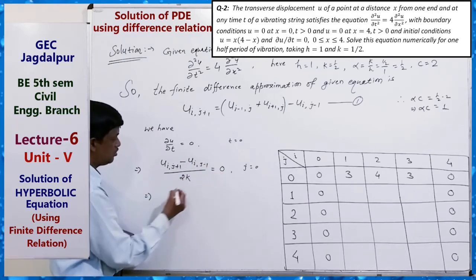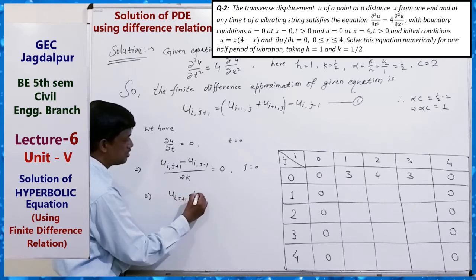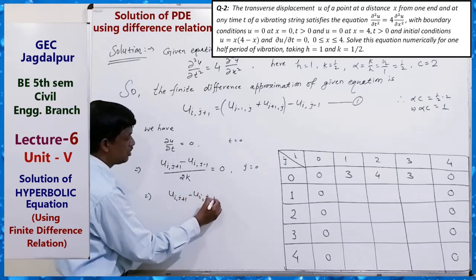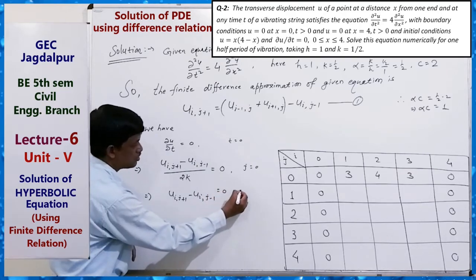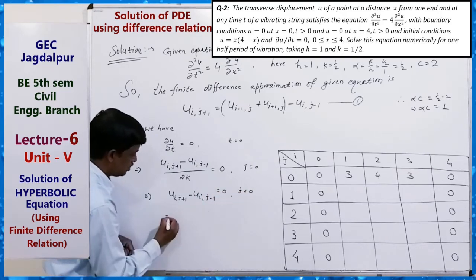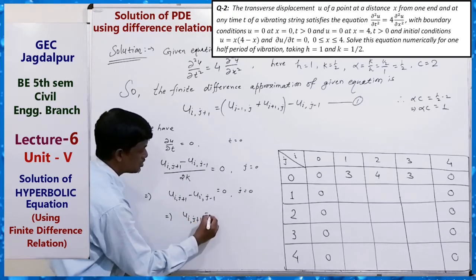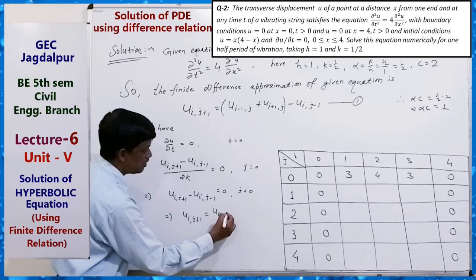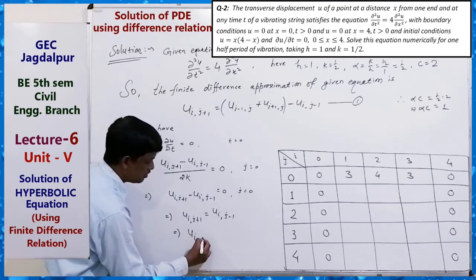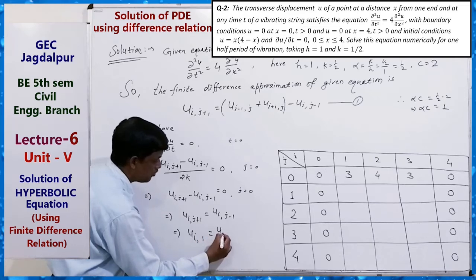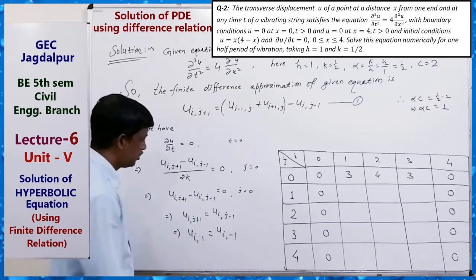So u_i,j+1 minus u_i,j-1 equals 0, j equals 0. So here we can see that u_i,j+1 equals u_i,j-1. So this gives u_i1 equals u_i,-1, j equals 0. Okay.